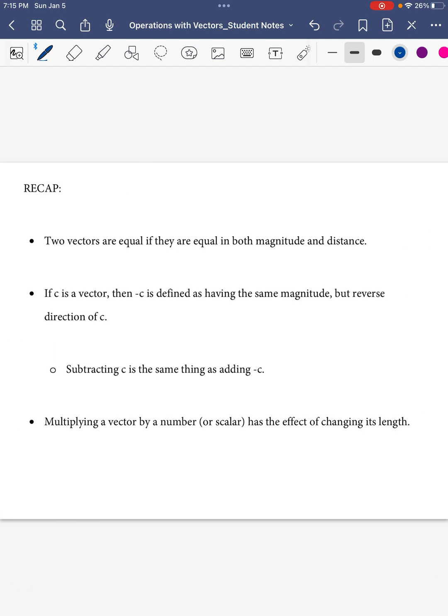All right, so quick recap: 2 vectors are equal if they are the same in both magnitude and direction. If c is a vector, then negative c is defined as having the same magnitude but reverse direction. Subtracting c is the same as adding negative c.